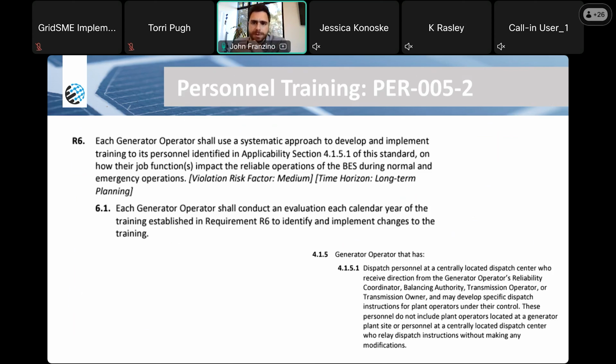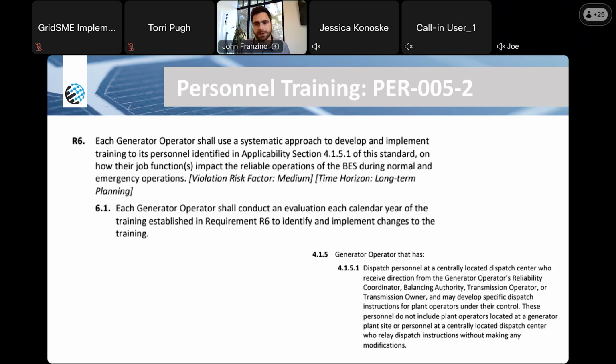One thing I'll probably just touch on is they want a systematic approach to training, and that usually results in an ADDIE framework, so that you have a rigorous enough program in place to track and evaluate competencies, skill sets, and performance of the operator over time.